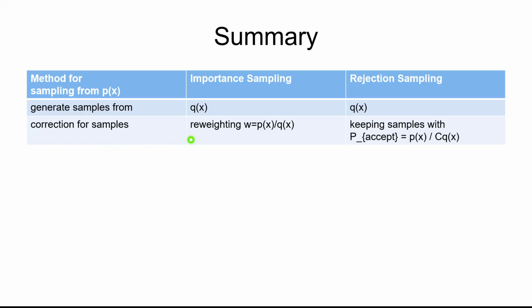For importance sampling, the correction method is to do the reweighting. We apply the weights equal to P of x divided by Q of x. And in rejection sampling, we discard some samples and keep the remaining samples with the probability of p(x) divided by c q(x). So that's two different correction methods, but the idea is very similar.